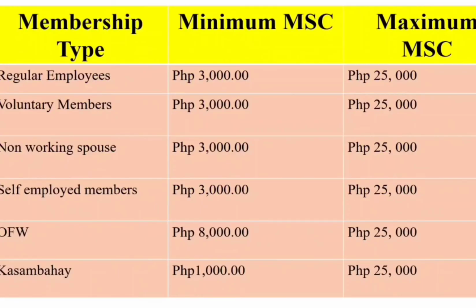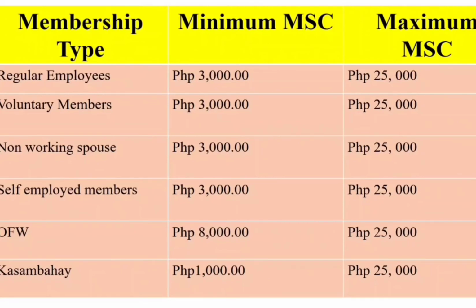Sa bagong batas, tumaas ang minimum MSC to 3,000 para sa mga regular employees in private sector, voluntary members, and non-working spouse and self-employed member. Samantalang yung OFW, mananatili na 8,000 ang magiging minimum MSC at sa kasambahay naman mananatiling 1,000 ang minimum MSC nila.